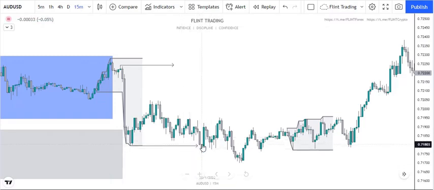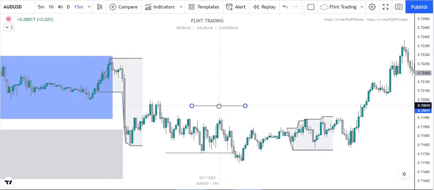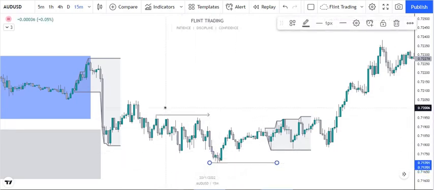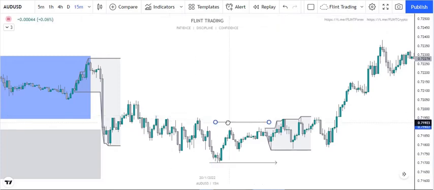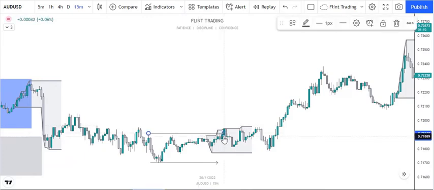It broke down here. So this was our structural low, and this was our structural high. All right, what price did again was break, so this was our structural low, and this was our structural high, and this structural high was breached when price moved up here.